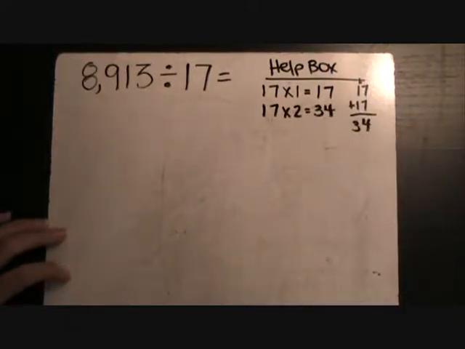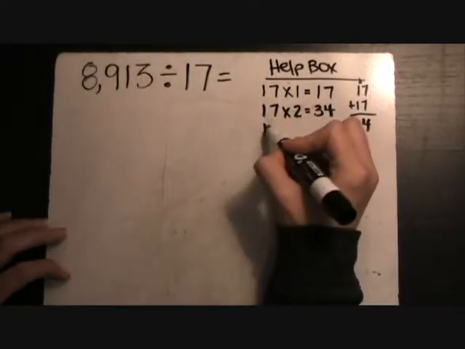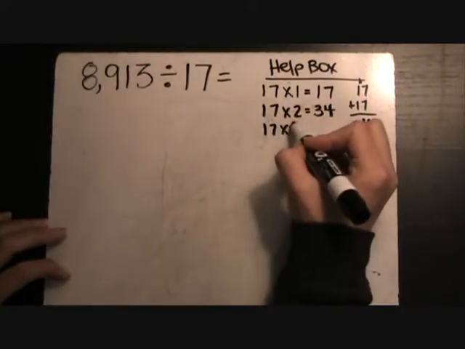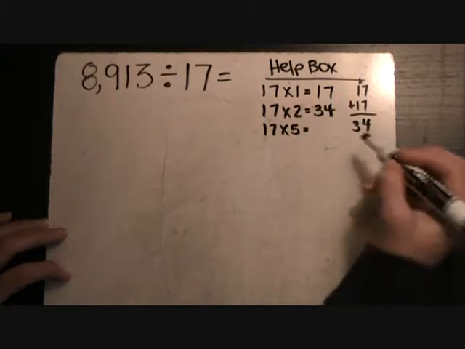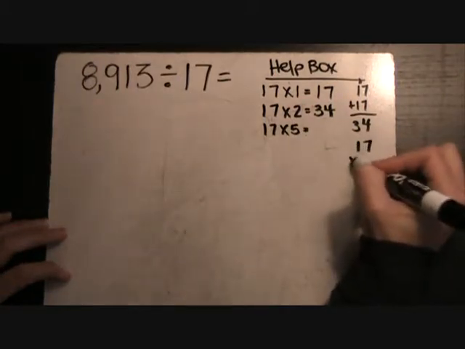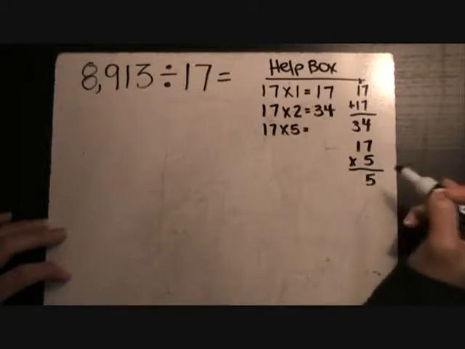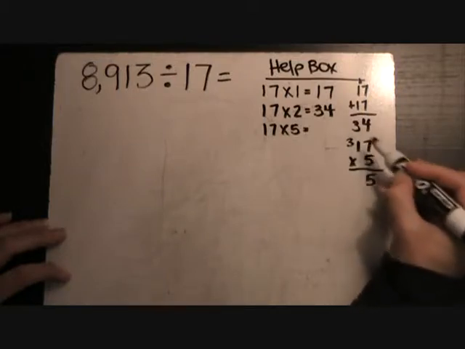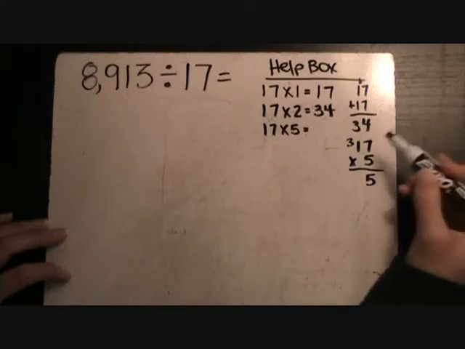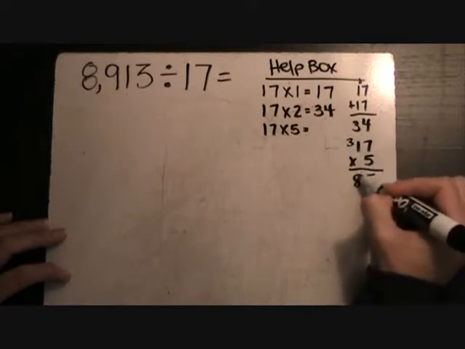Now, the great thing about partial quotients is you don't need to know all of your multiplication facts. I'm only going to do the easy ones or just a couple. So 17 times 5. 7 times 5 is 35. I put my 5 down, I carry my 3. 5 times 1 is 5, plus 3 is 8.